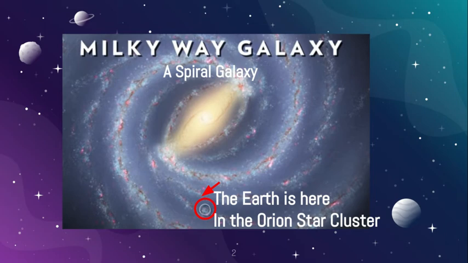I gave you an arrow there to point it out. That's where we live in the Milky Way galaxy. We're just a little dot in this huge array of stars and planets and solar systems. We're not the only solar system in the Milky Way galaxy.